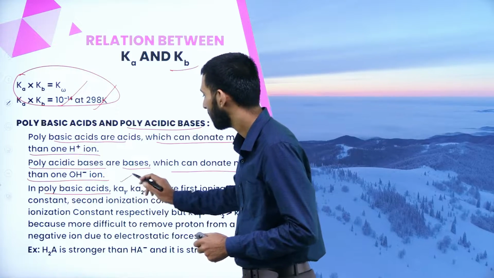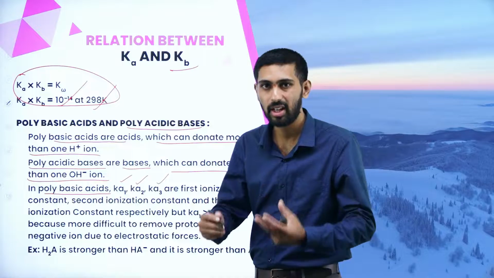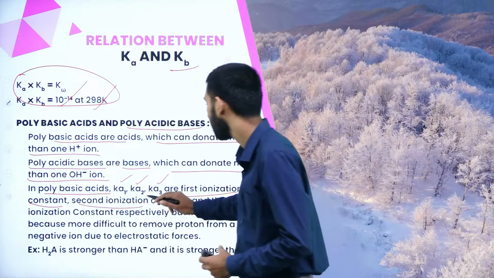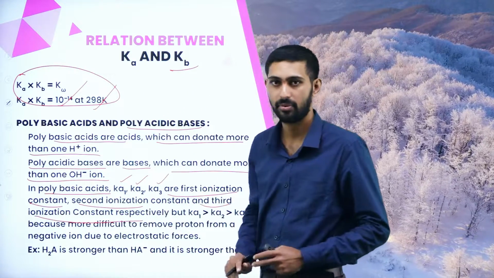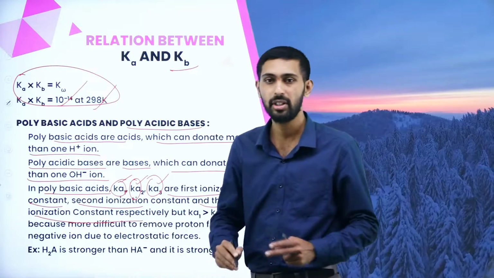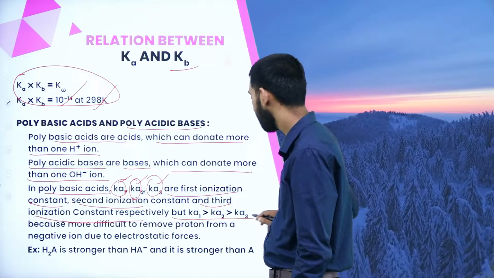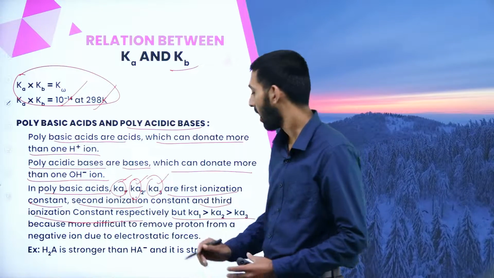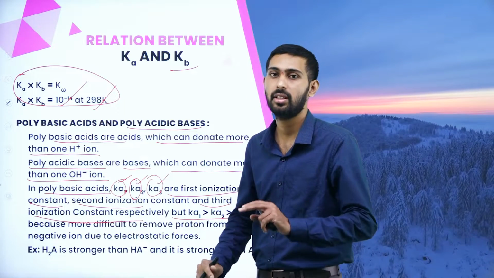They have dissociation constants Ka1, Ka2 and Ka3, the first, second and third ionization constants respectively. But Ka1 is greater than Ka2, which is greater than Ka3. Why? Because the ionization constant of the first step is more than the second, and the next one is the third.